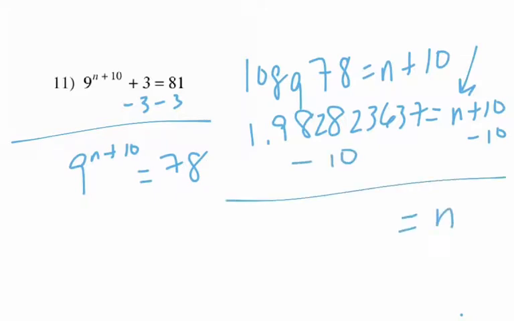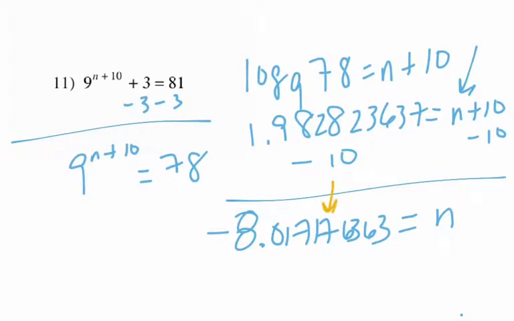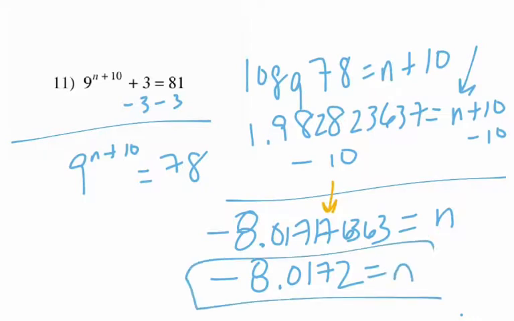And I wind up with, in this case, negative 8.0171763363. Then rounding to 4 decimal places, I'm going to look at the 5th number in this case. So my answer is negative 8.0172. And there's my answer. All right, let's move on to the next one.